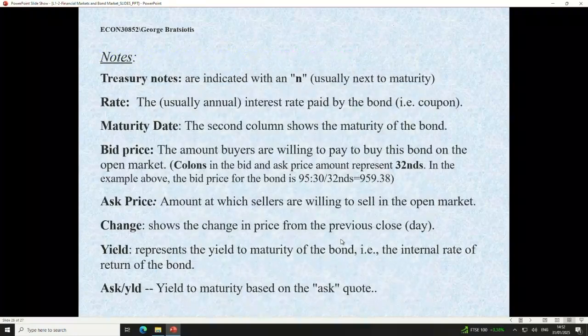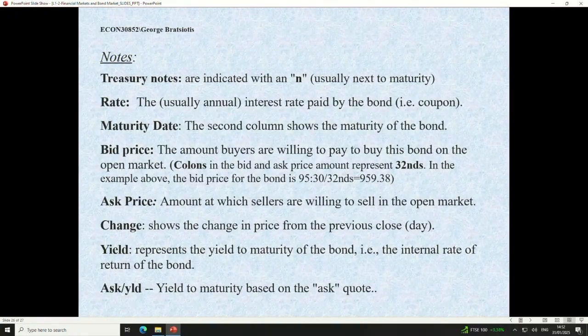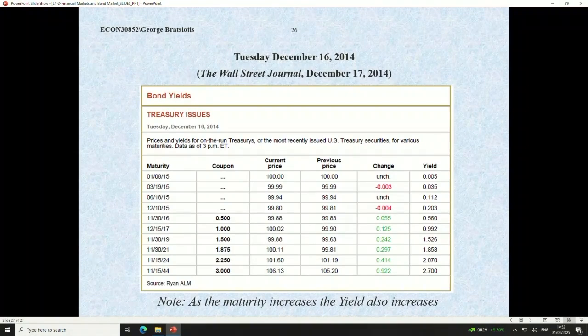Same for the bills. And here, I've given you the explanations when you look at these tables, how to understand this, which is what I've just said. And the final picture here is, again, from the Wall Street Journal, which basically shows you something that we said. Basically, look at the yield. These are bonds because I've taken that in 2014, and these go, okay, well, these are not, that's why, but 16, 17, okay.